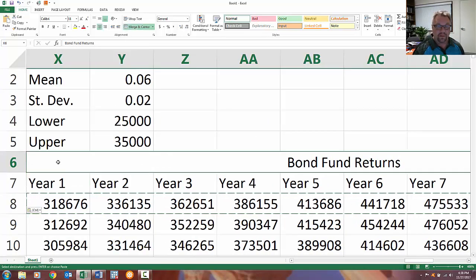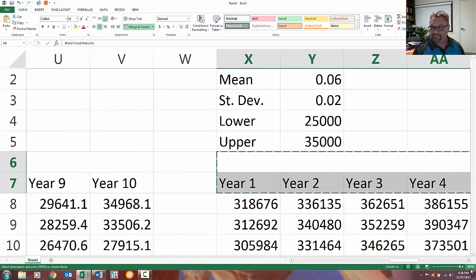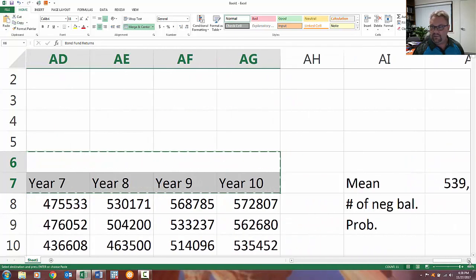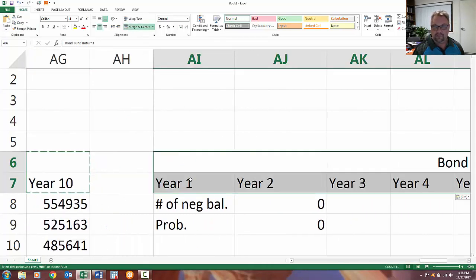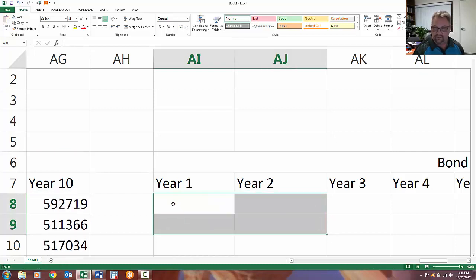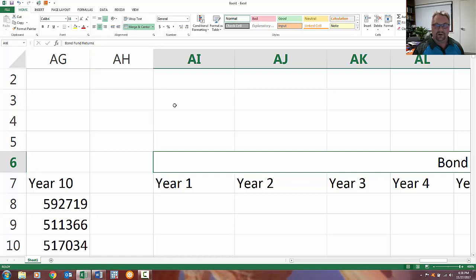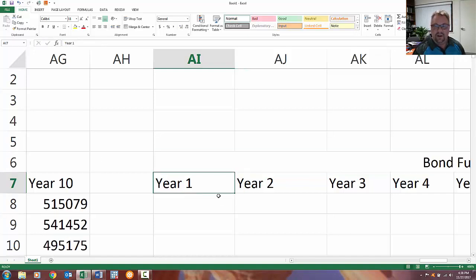Now, let me copy this over here. And of course I need to get rid of this stuff. Delete. There we go. And these aren't bond fund returns. These are bond fund withdrawals. There we go. And of course these follow that continuous uniform distribution, so we're going to use that formula.